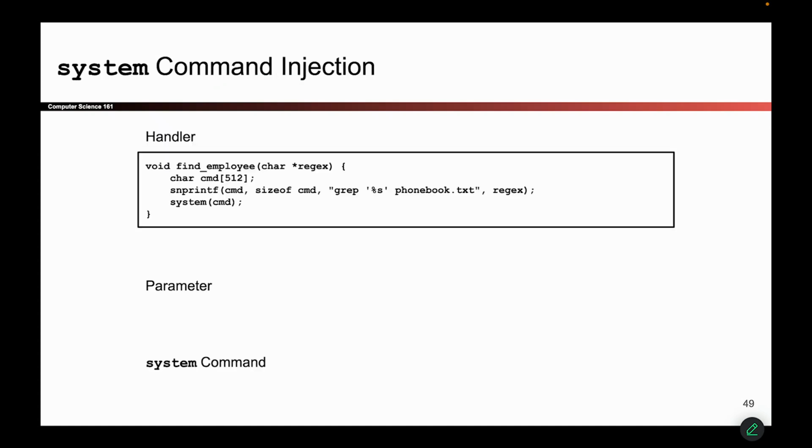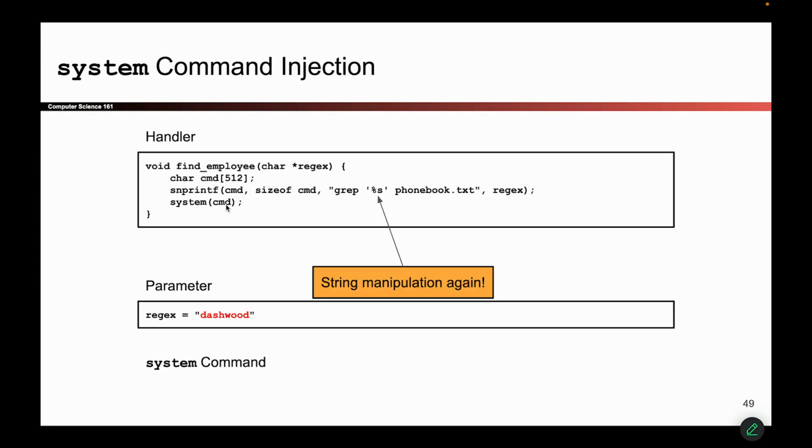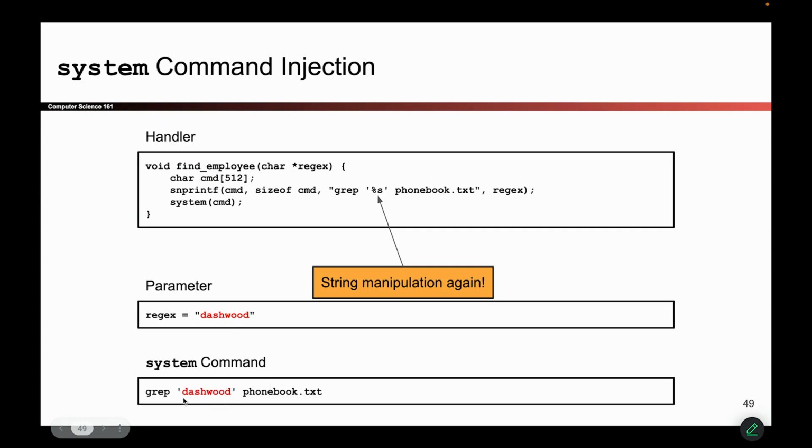So here's an example of the system command in action. Once again, the system command takes in one argument. It opens a shell, and it runs that argument as a command in the shell. So if the attacker inputs some non-malicious string, then we would take their non-malicious string, substitute it into some pre-formulated template, and then call system on the resulting string.